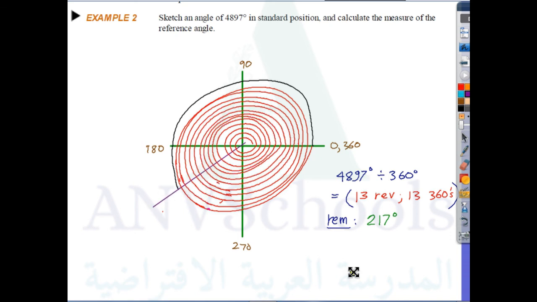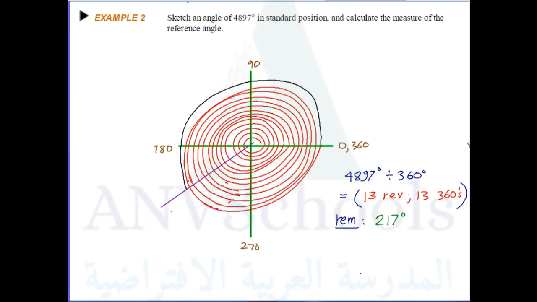So that is my angle. Now where is my reference angle? Because it is positive and acute, my reference angle should be here, from this axis to here. This is my theta ref.